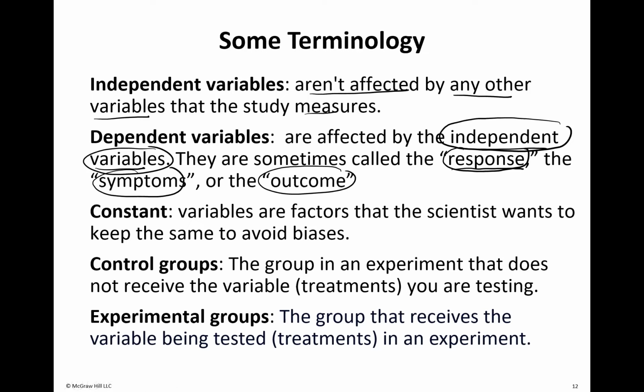The next thing that we also have to consider is the constant. What is a constant? Constants are variables, or factors, that scientists want to keep the same to avoid biases. So this is the condition that the scientists keep the same or similar. For example, when performing the experiment for several groups, each group will have similar conditions.